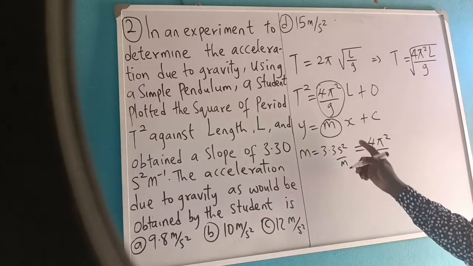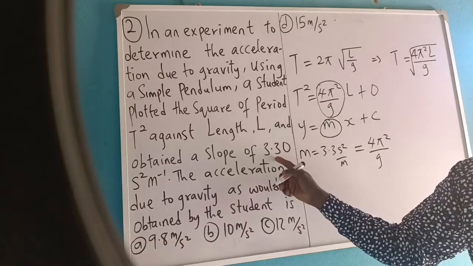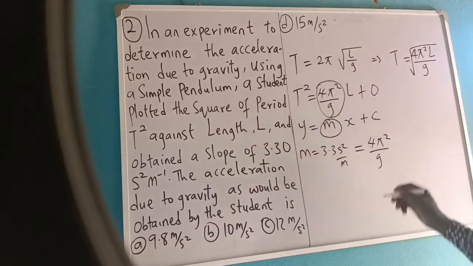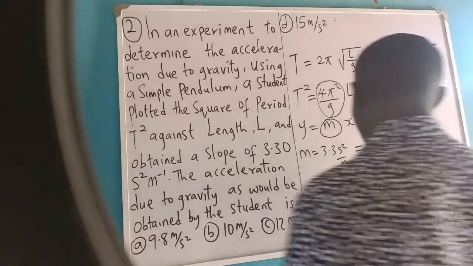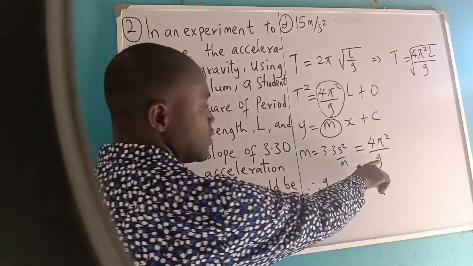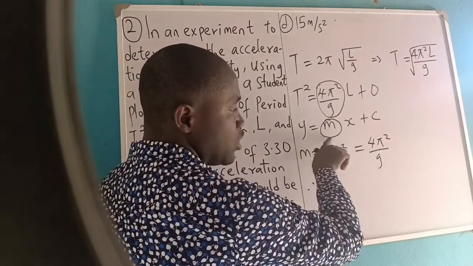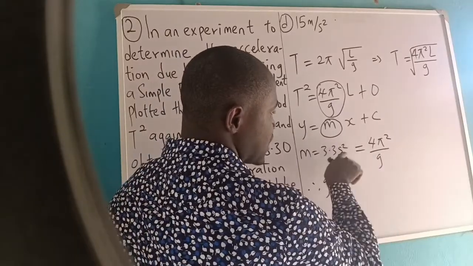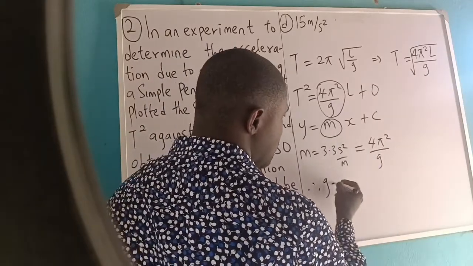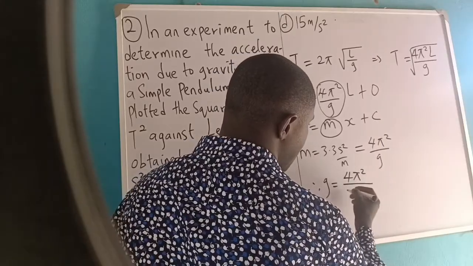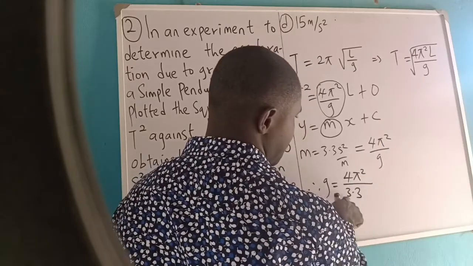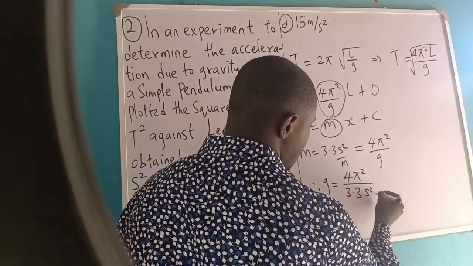Second square over meter is just the unit of the slope given to us. We will now tell them, therefore, our g: cross multiply, carry g up, carry 3.3 second square over meter down. You will be having it to be 4 pi square all over 3.3 second square over meter.